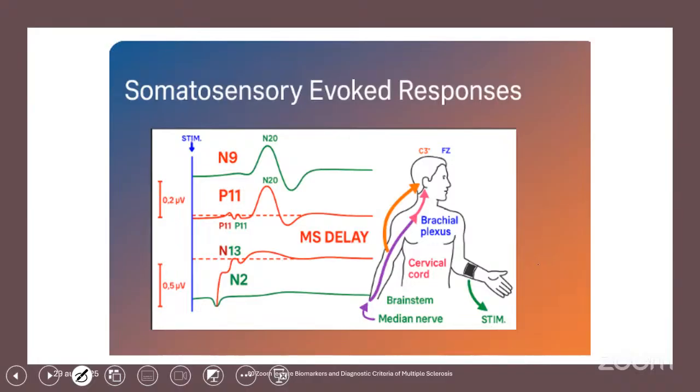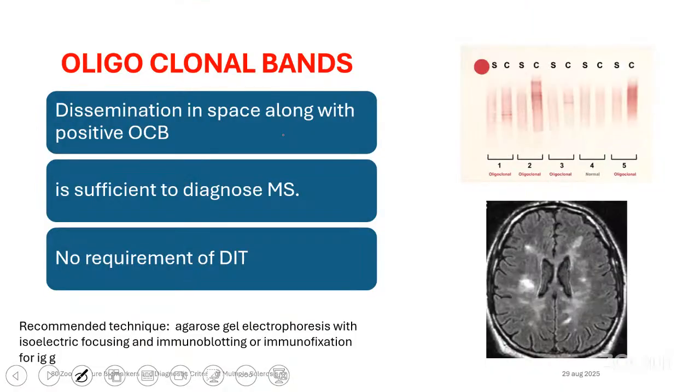This is the stimulation, and you can see the median nerve and brainstem. This is the brainstem area. This is spinal cord area, and this N20 is the cortical area. So there may be delays in these various waves.